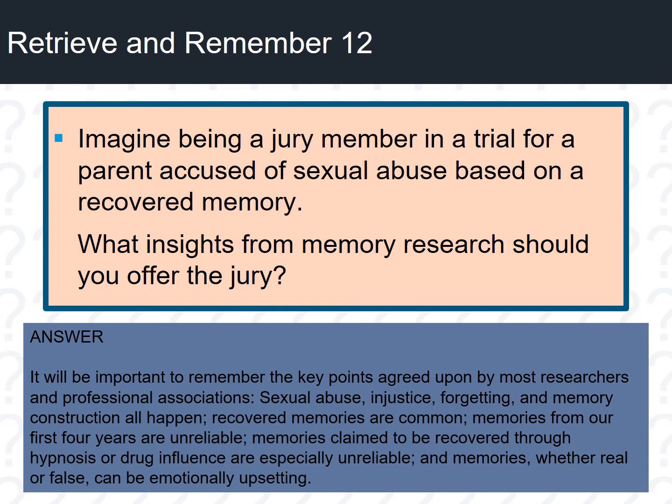And memories, whether real or false, can be emotionally upsetting. So take all of that information and factor it in the next time you hear about someone being sexually abused. Don't discount them, but just factor in all of these things, because it may be true. The point is to get at the truth.